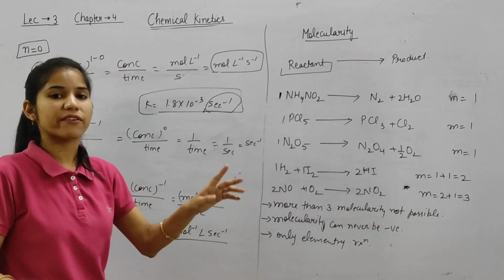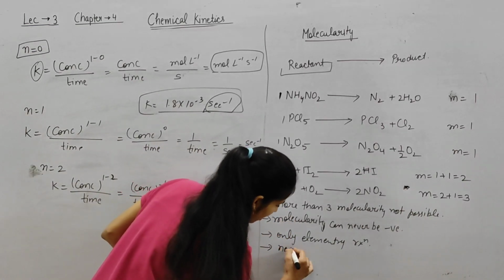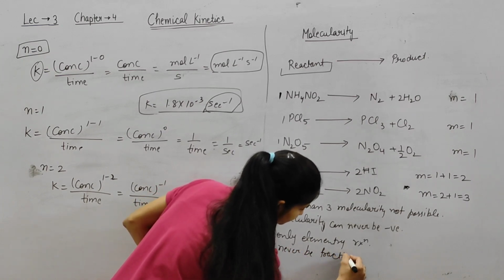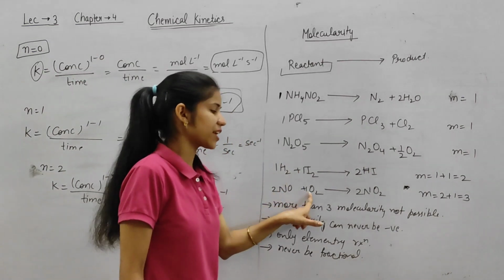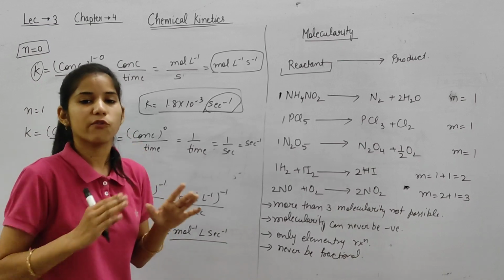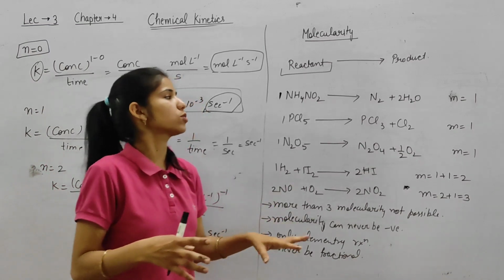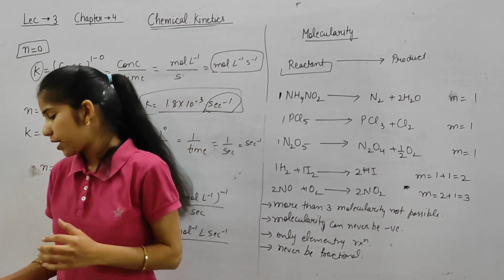This can also never be fractional. Molecularity can never be fractional, because here we are taking 1, 2. So molecularity can never be fractional, like order can be fractional. Now we are talking about the difference between molecularity and order.